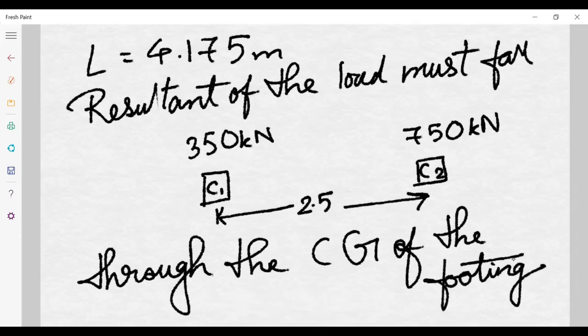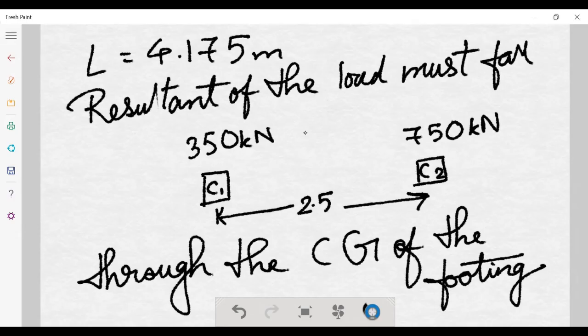That's why when we calculate a rectangular footing, since rectangular footings are symmetrical, we take the resultant of the load at the midpoint. But in a trapezoidal footing, since the dimensions are irregular, we have to actually calculate. We cannot directly keep the resultant of these two loads at the midpoint of the trapezoidal footing.